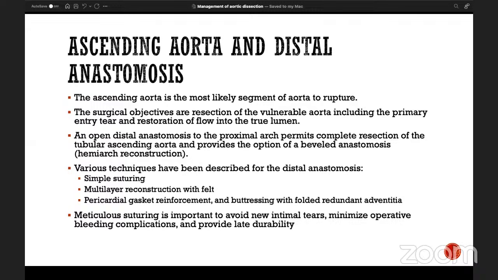This is because when you do your anastomosis on an open patient during circulatory arrest, you have the ability to resect all the diseased tissue, and you can look if there is any other secondary entry point or any other tear involving the aortic arch or even the proximal descending thoracic aorta, in which case you may go to do a hemiarch or total arch repair.